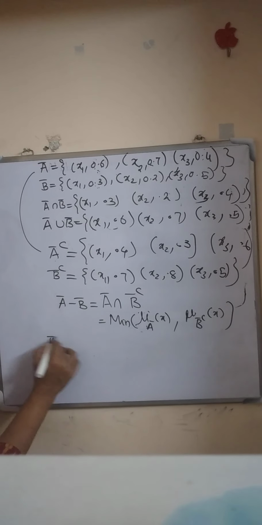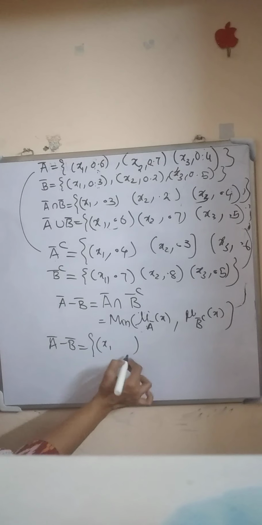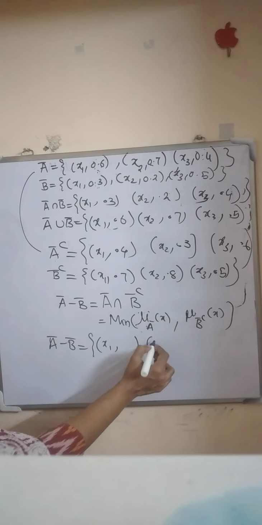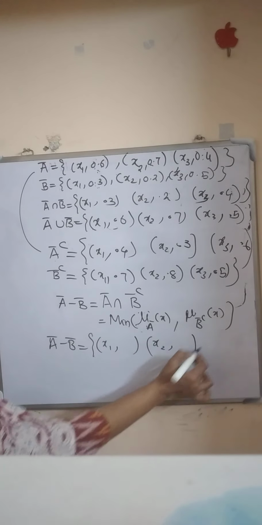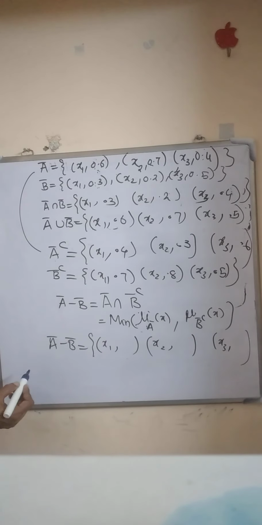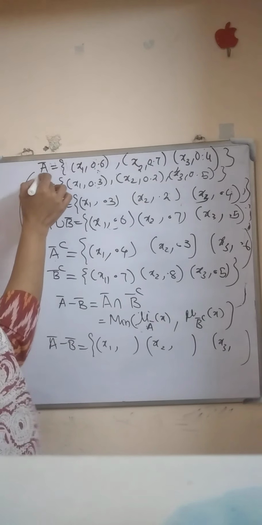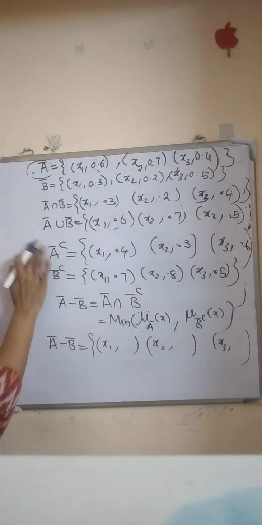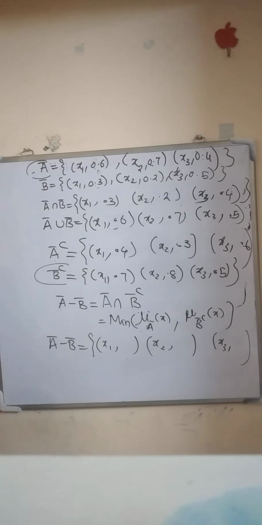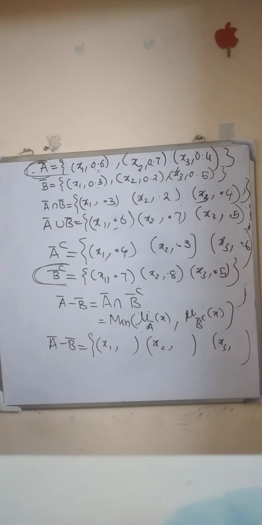So A bar minus B bar equals the set of ordered pairs x1, x2 and x3, filled with the membership value as A bar minus B bar is A bar intersection B bar complement. So consider this A bar and B bar complement.